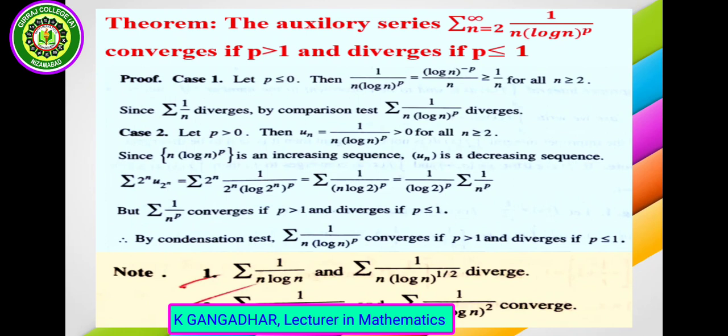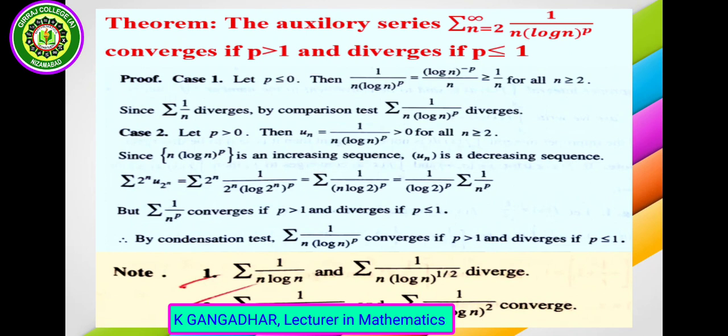Here p is any real number, meaning it is positive, negative, or equal to 0, so we take three cases. In the first two cases, p less than 0 and p equal to 0, the series is divergent. Next, the p greater than 0 case.